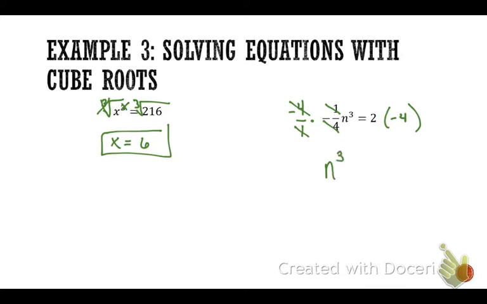N to the 3rd power equals, what's 2 times -4? -8. Now I'm ready to get rid of my exponent. What operation will get rid of my exponent? The cube root. Yep. Do that cube root because it's the opposite. N equals -2.